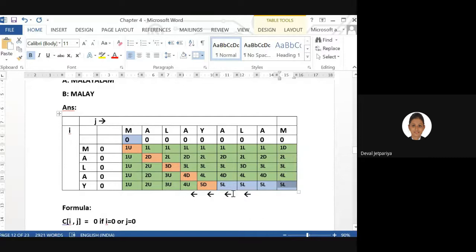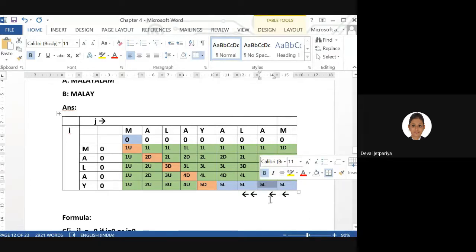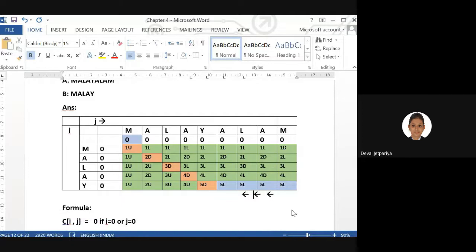Now what will that box inform us? That will inform us that there is a left symbol, that means go left hand side. So we'll go left hand side. Again that is telling go left hand side.